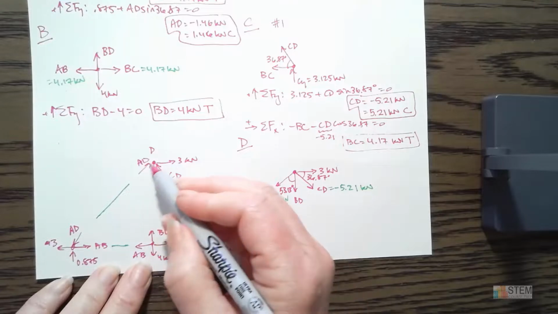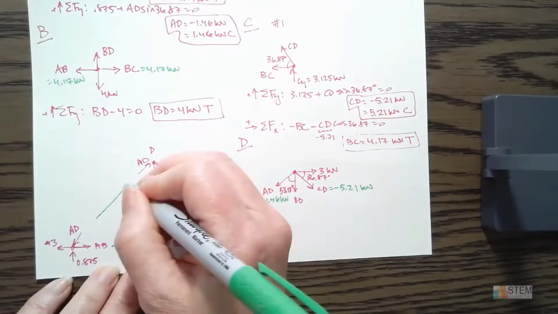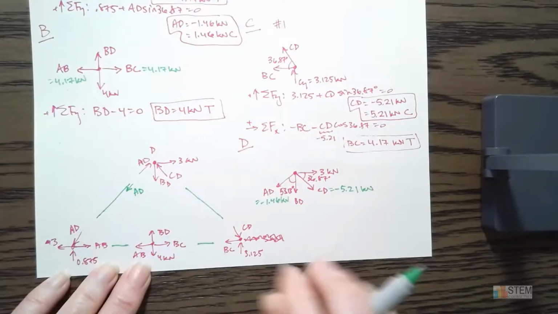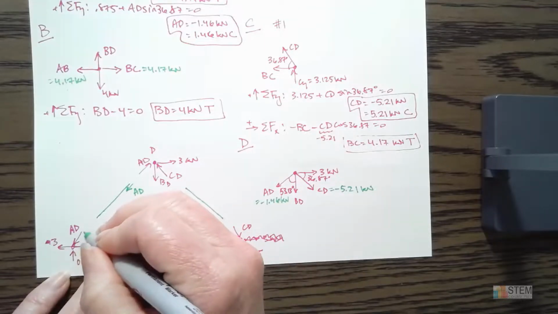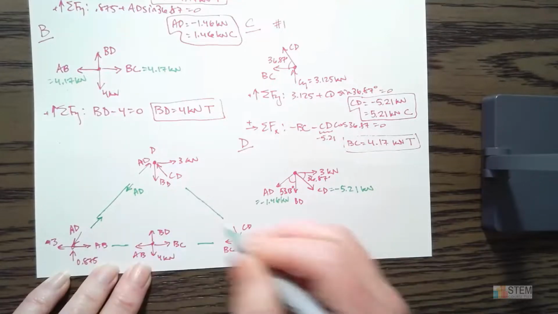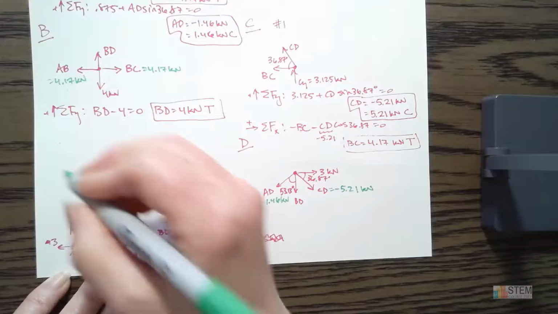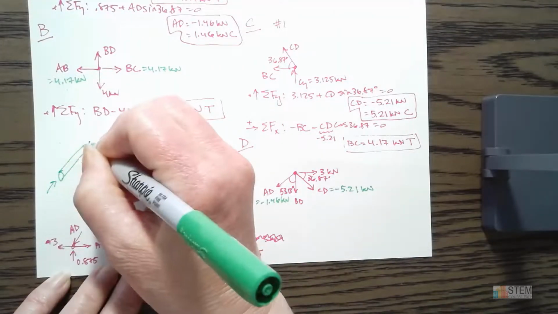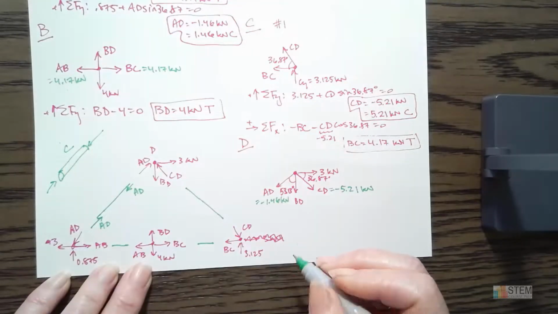So if AD is pushing into the pin, then just because of Newton's third law, we've got the force in the member going this way, right? Going the opposite direction. Same thing down here. This one's pushing into the joint, so the opposite reaction would be to push into the member, and that would be AD. So anytime you have a member, let's just draw a little cylinder here, where we've got forces like that, this is compression, right?